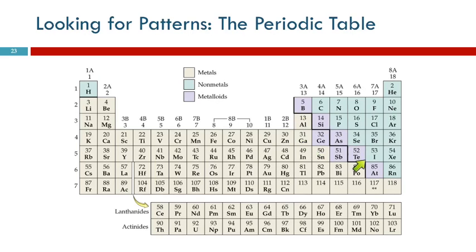So not all of the elements touching that line are metalloids. All of them but aluminum and polonium. Now, polonium's an odd one we're probably not going to run into much, and I'm definitely not going to ask you whether polonium is a metal or a nonmetal or a semi-metal. Aluminum, though, we should know is a metal, right?